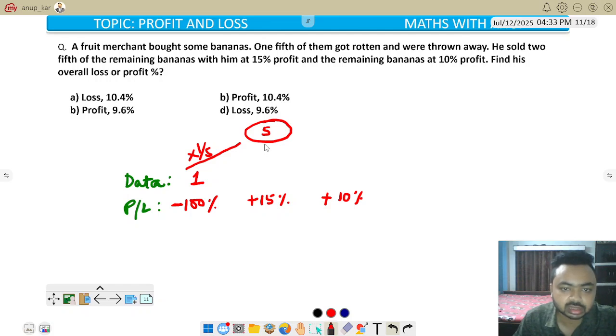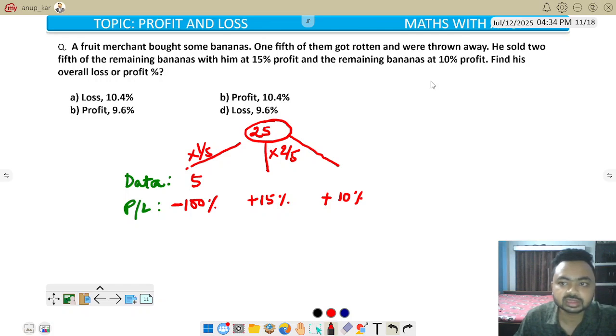Here we have to consider 25, because 1/5 and 2/5 is given and the remaining at 10% profit. 5 and 5 multiple is 25, so it will come out to be 5.